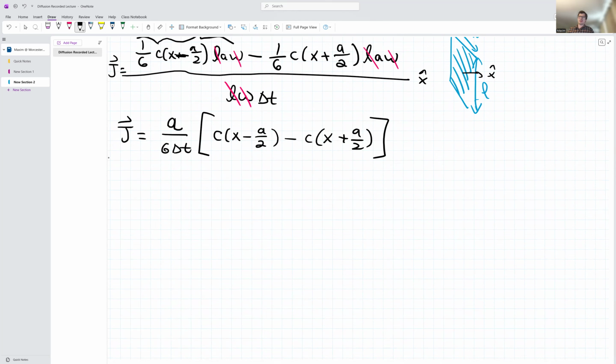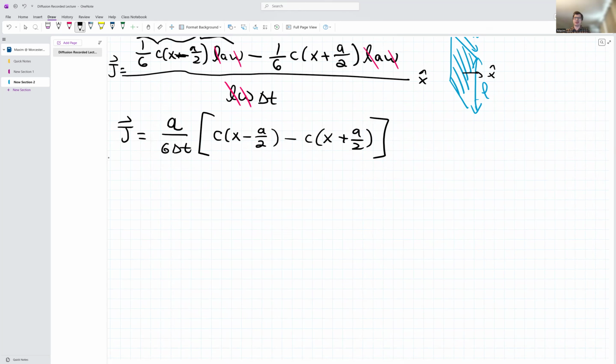Now, unfortunately, we can't move on without doing some calculus because we need to approximate these concentrations somehow. And if the concentration is smoothly varying, which we've been assuming the whole time, then we can approximate these concentrations by using the Taylor series, by approximating a function by its behavior at a certain point and then using derivatives.